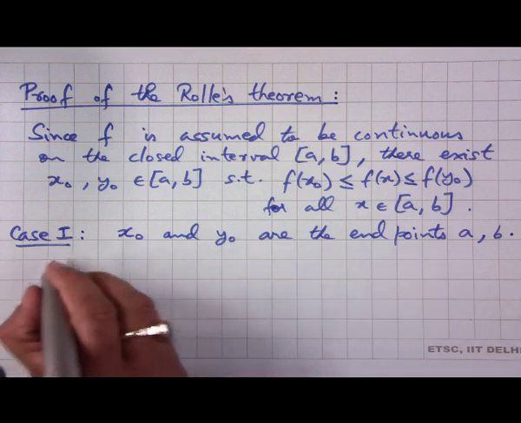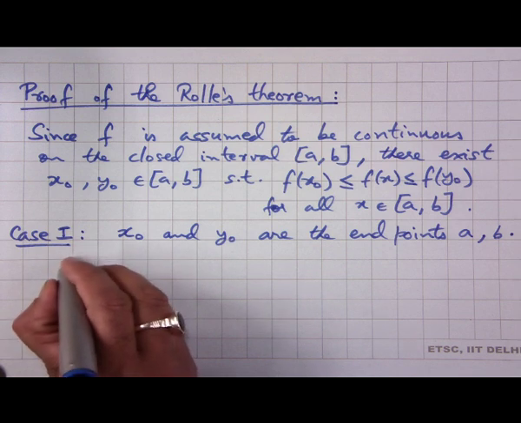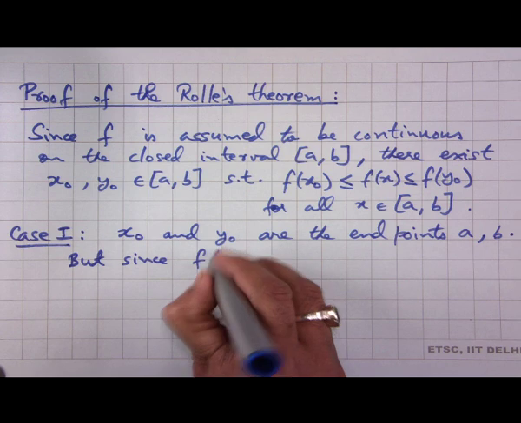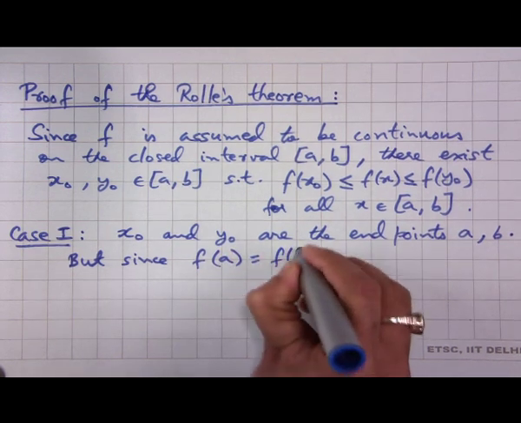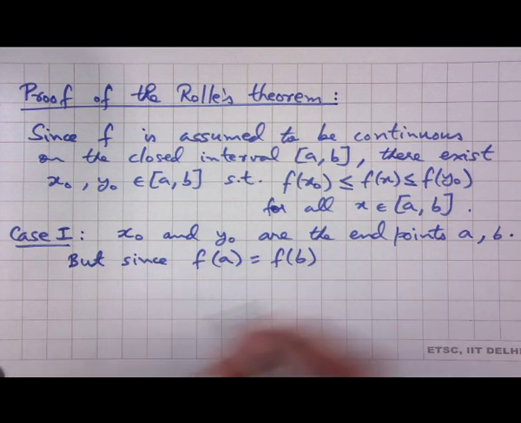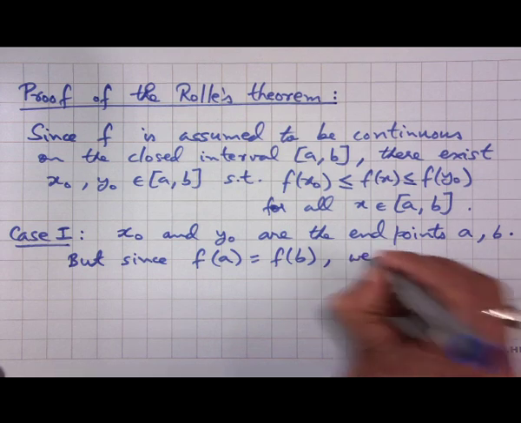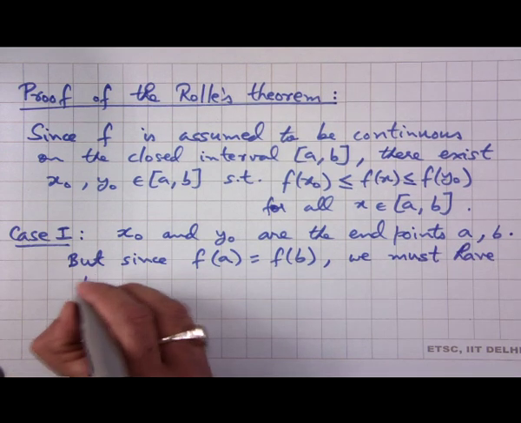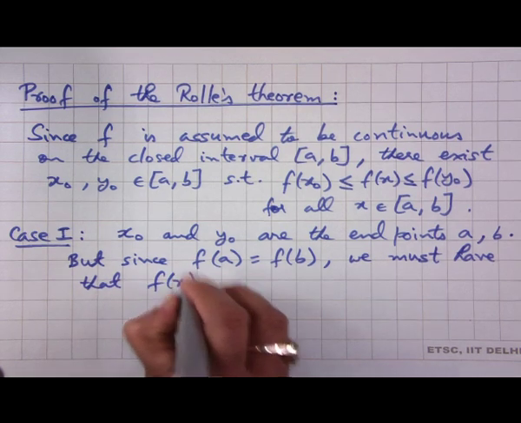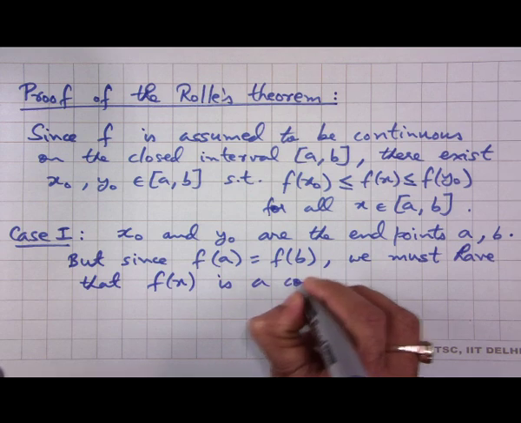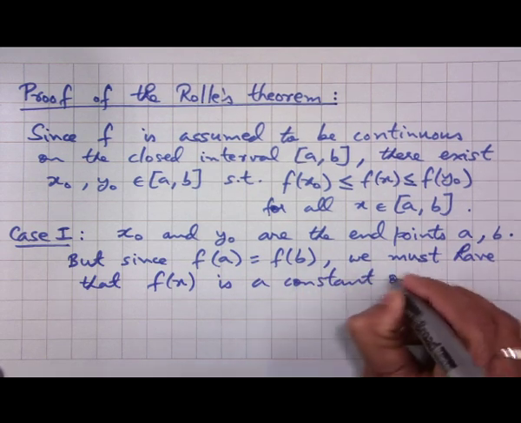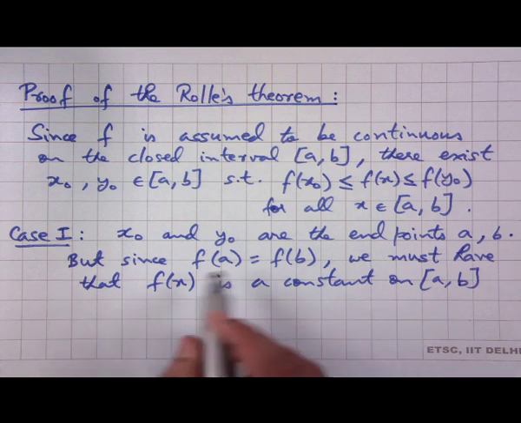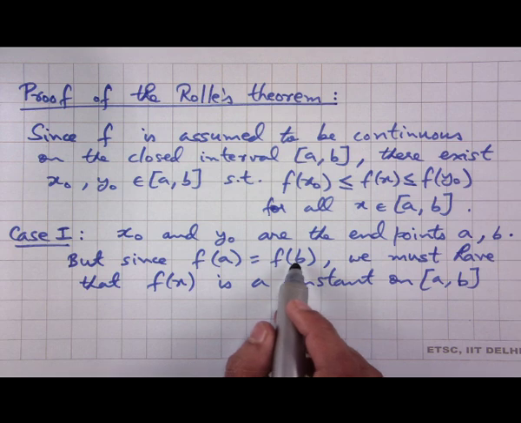So, in this case, since f of a is equal to f of b, we must have that f of x is a constant on [a, b], right, because one of these, f of a, is the minimum value as well as the maximum value.